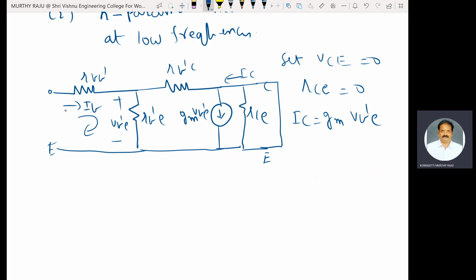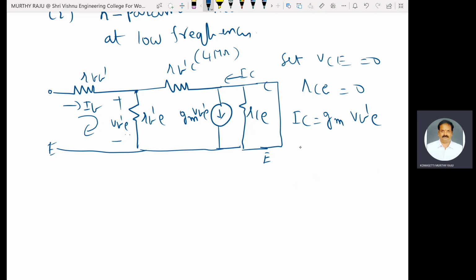But this IB current flows through RBB dash and RB dash E, not through RB dash C, because RB dash C is a high value, 4 megaohms. Current flows towards the low resistance path only, not the high resistance path. That is the reason this IB current does not flow through RB dash C. Current is not divided at this point.